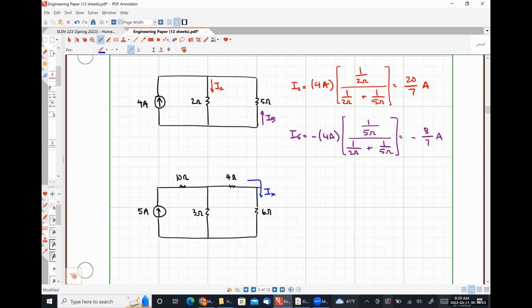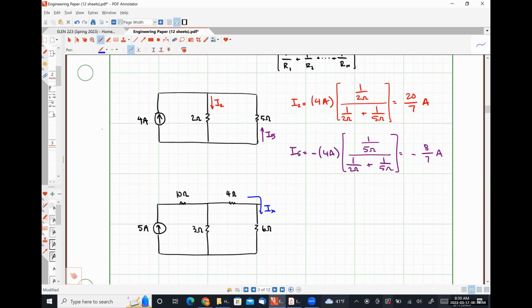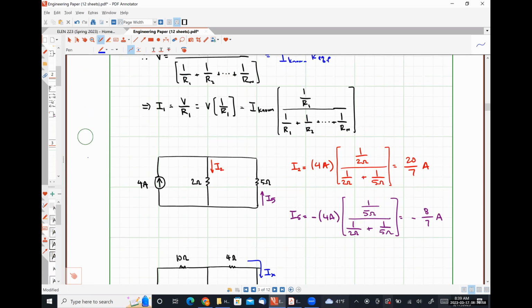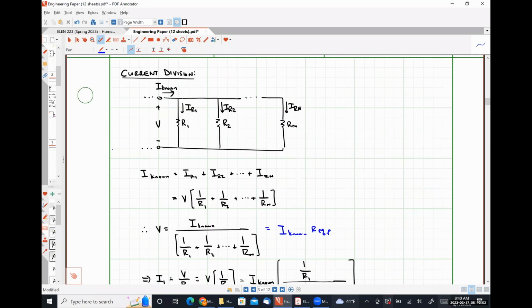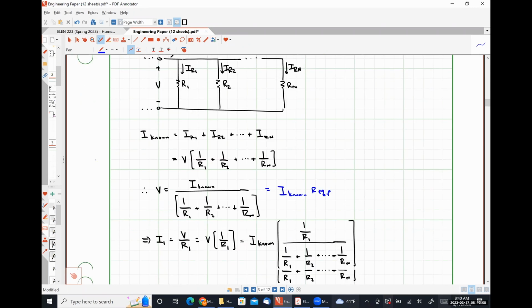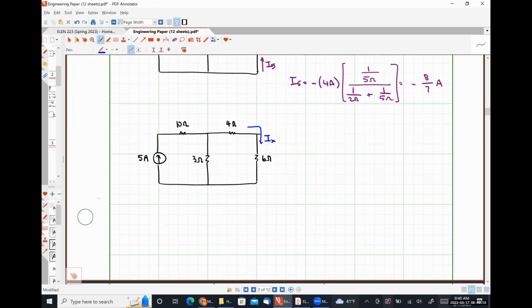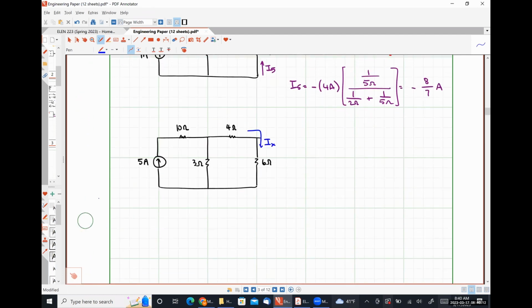I just want you guys to look at something here really quickly. When we derived these relationships for current division right here, we have a current flowing into a parallel resistor network. In this circuit, we have literally no elements in parallel, but we're still going to be able to apply current division.